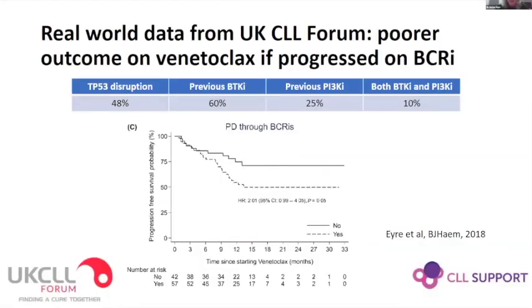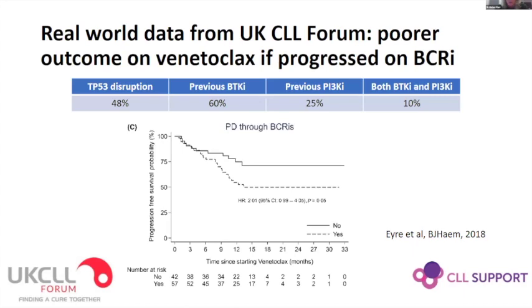We have some retrospective real-world data from the UK CLL forum, looking at the outcomes when patients go on to venetoclax when they've progressed on a previous B-cell receptor inhibitor. So looking here at real-world data published by Toby Eyre, where patients were treated with venetoclax after a prior B-cell receptor inhibitor. Two-thirds of them, as you can see here, had ibrutinib or another BTKI as the prior B-cell receptor inhibitor.